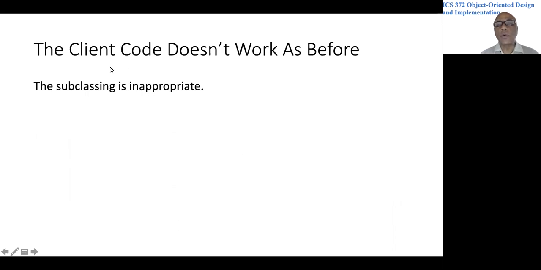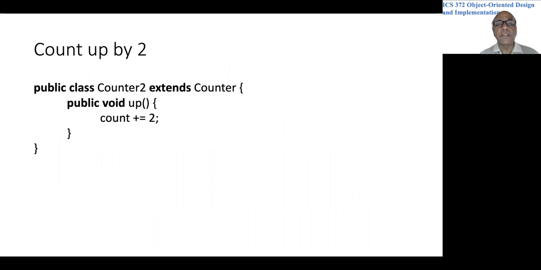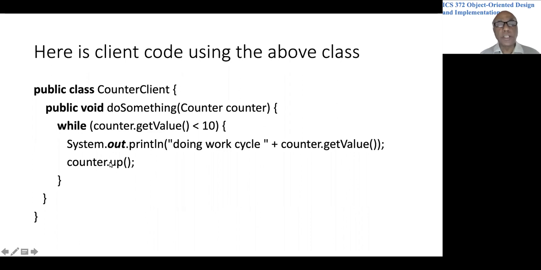Now the client code won't work as before. If you get a counter object that is actually a counter2 object, that is, the actual type is counter2, although the declared type is counter, when you call the method up on the counter object, it actually uses dynamic binding to go to this method and adds 2 to the count value.